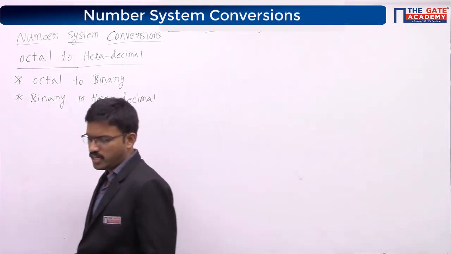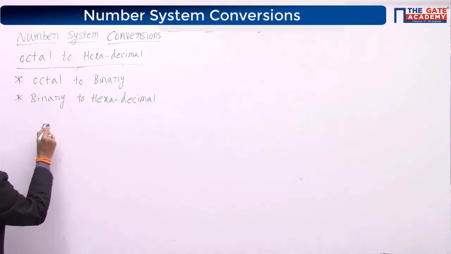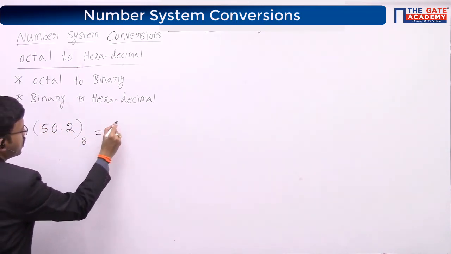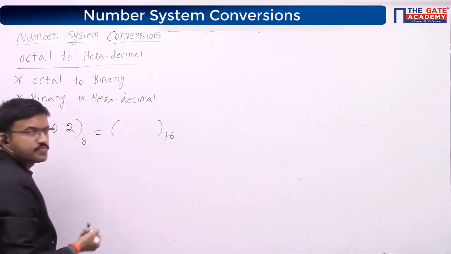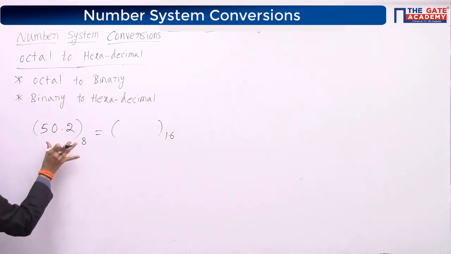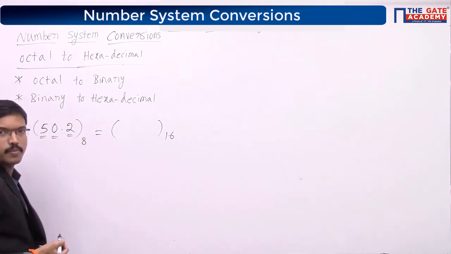Okay, so here I am directly taking the real number 50.2 base 8. I want to convert it into a hexadecimal number. First, we'll convert this given octal number into binary by representing each octal digit with 3 bits.